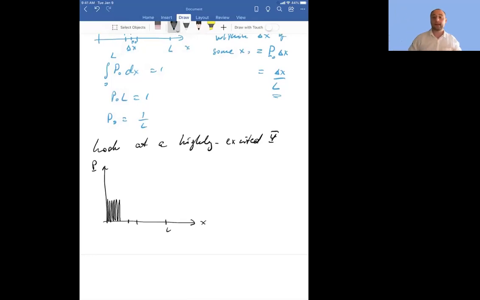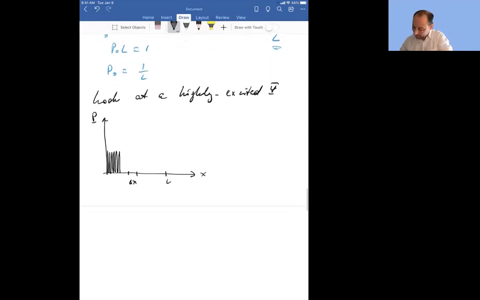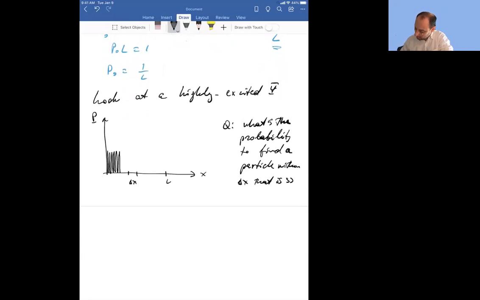I can ask, what's the probability to find a particle within delta x? And let's say delta x is much larger than the wavelength of those oscillations. Question, what's the probability to find the particle within delta x that is much larger than the wavelength?